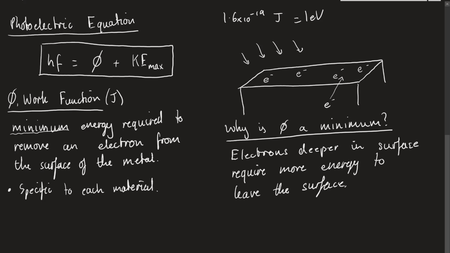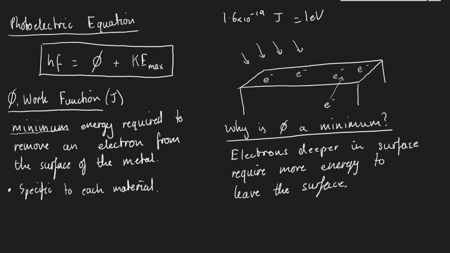So electrons that are deeper in the surface are going to require more energy to leave the surface, and therefore this has to be the minimum value, because this is just the energy to release the surface electrons, the electrons right at the very top of the surface. Okay, so this is the work function.